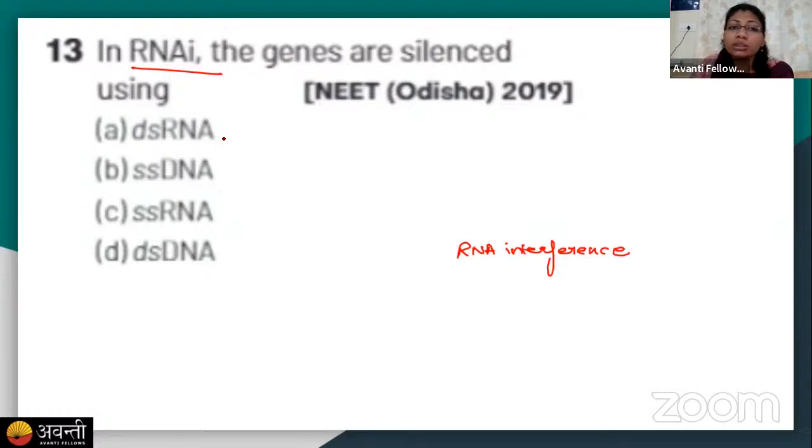Option A, double-stranded RNA. B, single-stranded DNA. C, single-stranded RNA. Or D, double-stranded DNA. You have to find your answer and lodge it in this poll.